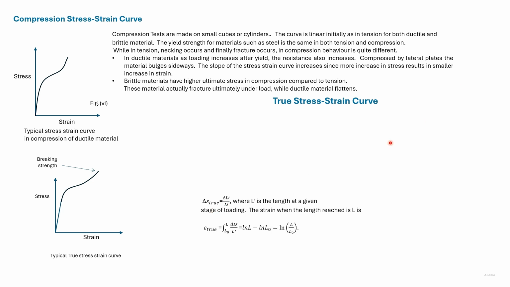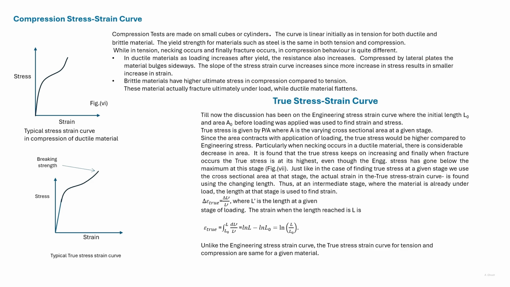The strain when the length L is reached is given as epsilon true, the integration of dL dash by L dash from L0 to L, which becomes ln(L by L0). While the engineering stress-strain curve is different for compression and tension, the true stress-strain curve remains the same.